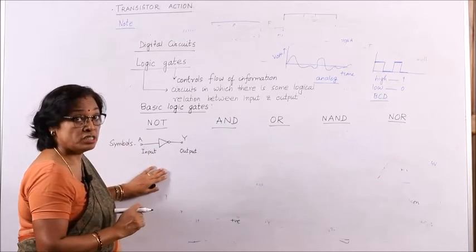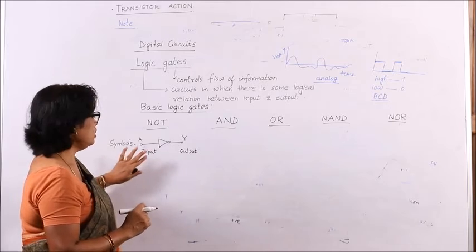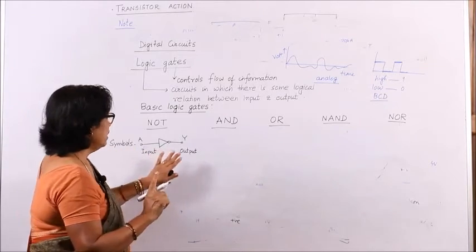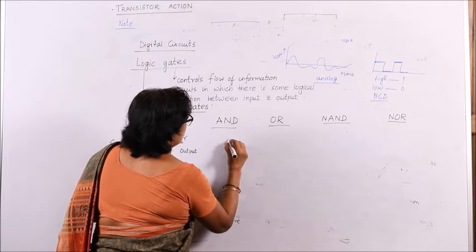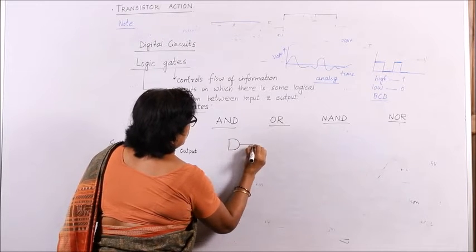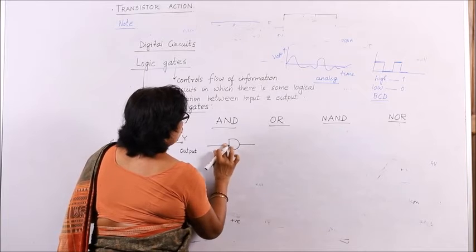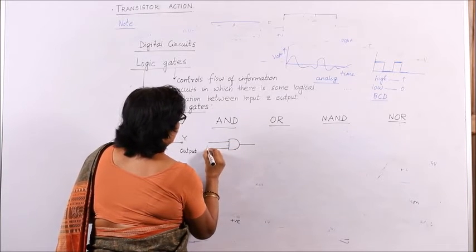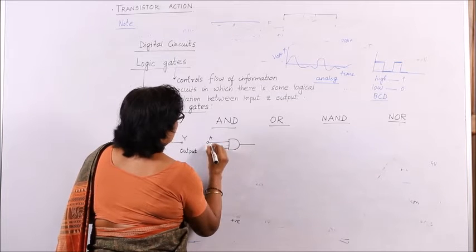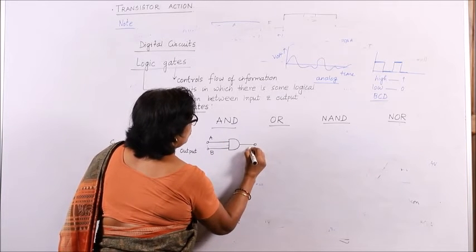In the case of NOT gate, there is only one input. In other cases, AND is like a D. So, there may be 2 inputs, 3 inputs, many inputs here. Let us say I am taking 2 inputs. So, A and B are the 2 inputs and only one output.